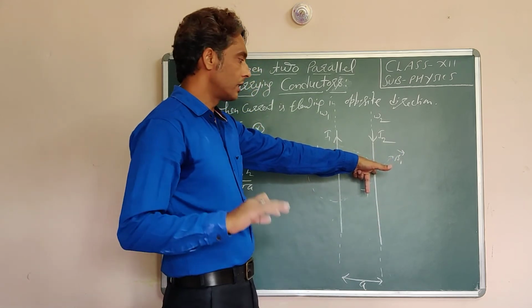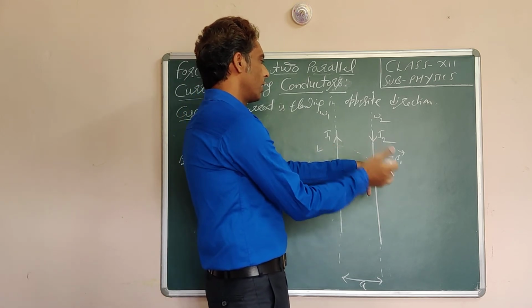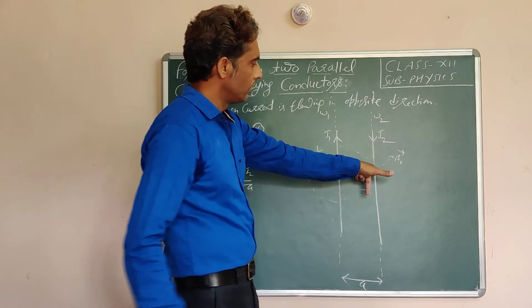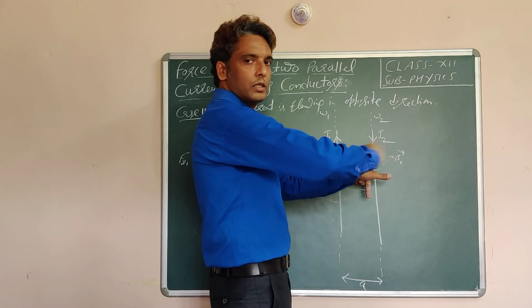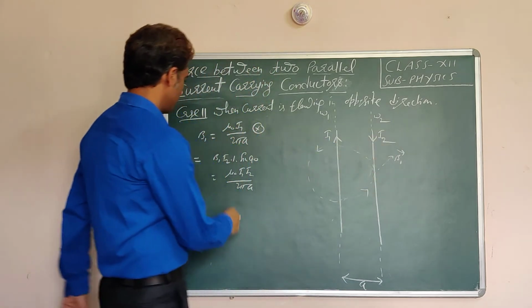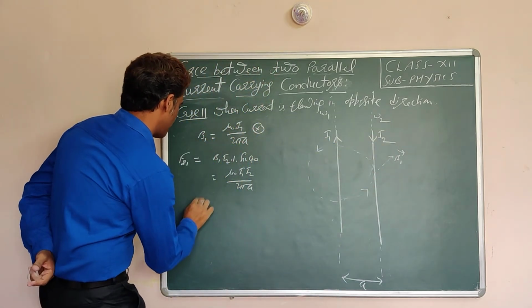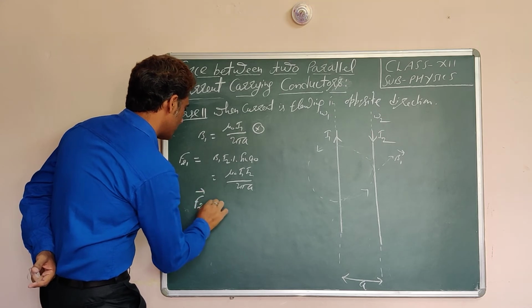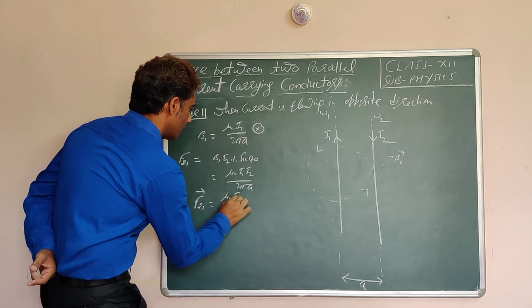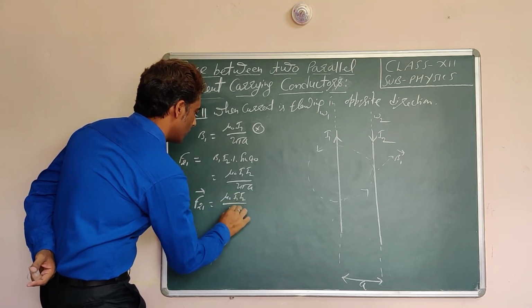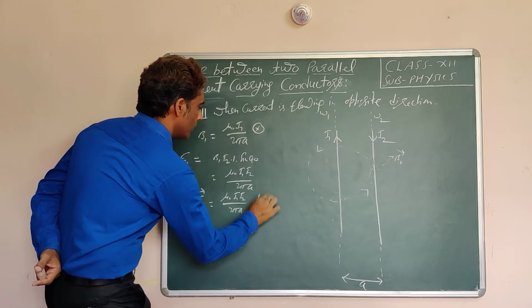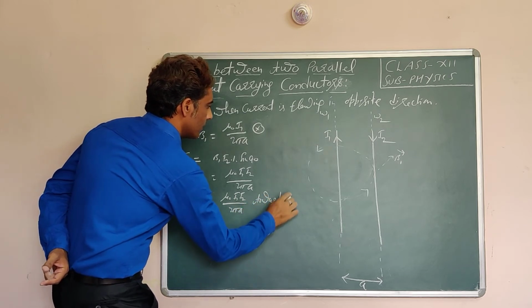In the previous case, this force was toward left, but now this force is toward right. So F21 is equal to mu naught I1 I2 over 2 pi a towards right.